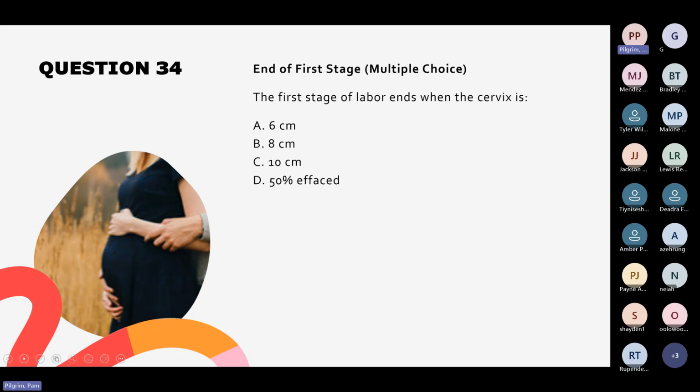Make sure you're on mute. All right. So the answer to this one is C, 10 centimeters. So that's the end of the first stage of labor, at 10 centimeters. Then they're going to start pushing.